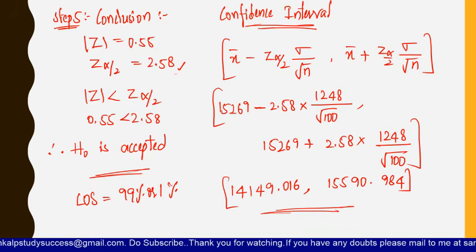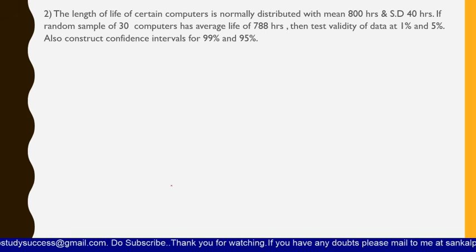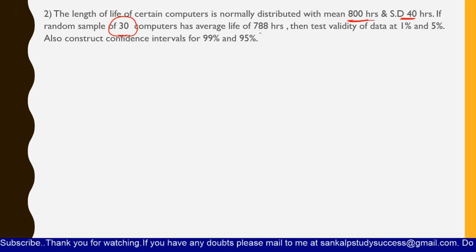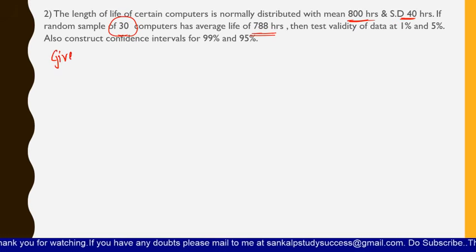Now let us solve one more question for a single mean. Here the length of life of certain computers is normally distributed with a given mean and standard deviation. See here, the mean and the standard deviation are given. A random sample of 30 computers has an average life of 788 hours. Now let us write the given data.